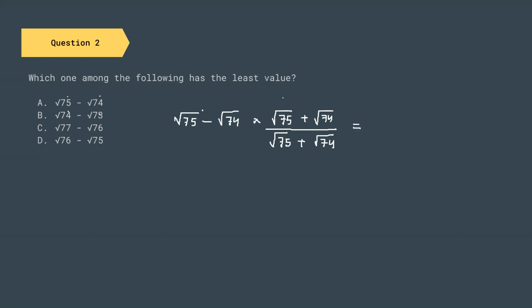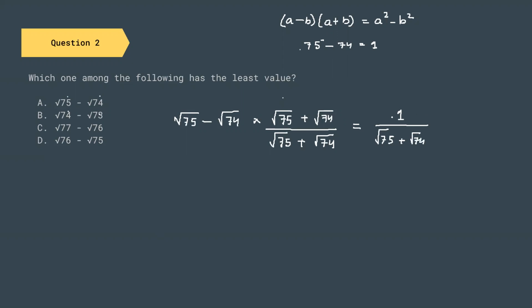If we rationalize this, it is a minus b multiplied by a plus b, and what we know is that a minus b multiplied by a plus b gives us a square minus b square. In this case, root over 75 square is 75 minus root over 74 square is 74, which gives us 1 in the numerator. So this will be 1 here, and in the denominator it will be root 75 plus root 74.